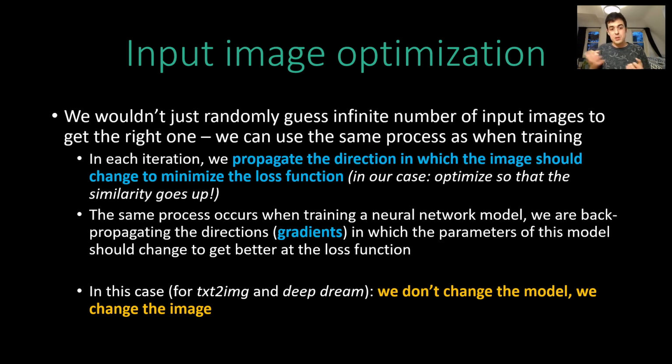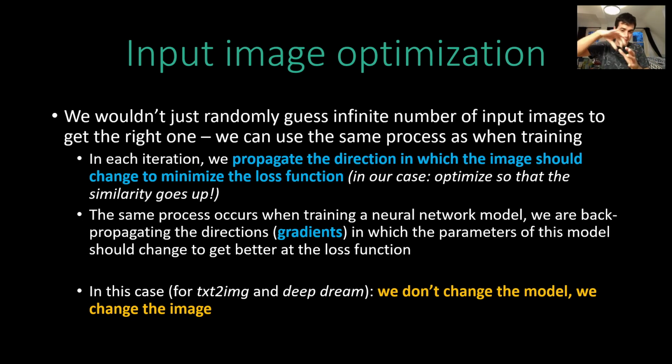This is the same as when training a neural network, where we back propagate these directions, which are called gradients, layer by layer of the model, going from back to front, which is called back propagation. Then we edit the weights a little bit so that they minimize whatever the loss was. So this is similar, but we don't really touch the model.